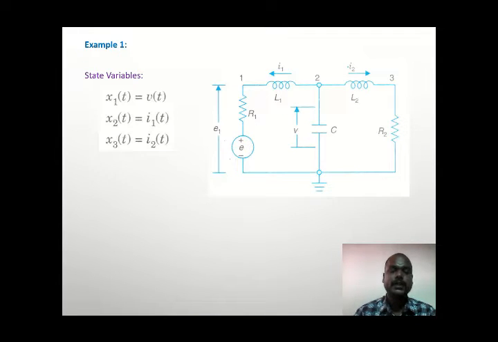As we have learned from the definition, the minimum number of changing variables could be represented as states. We can see here the capacitor C has voltage V across it. We all know from the properties of capacitor and inductor that in a transition phase, when we apply voltage, a sudden change of voltage does not occur across the capacitor.